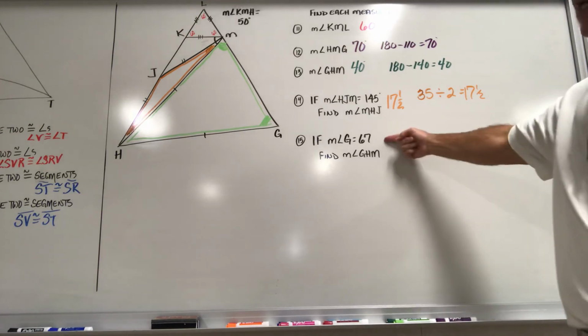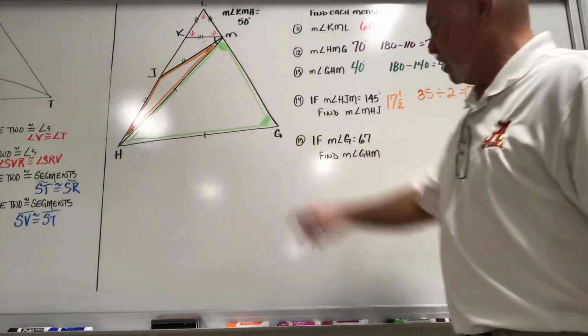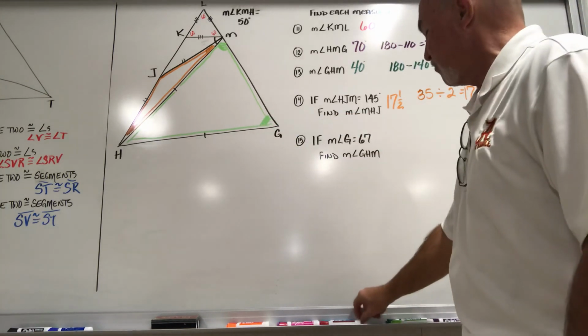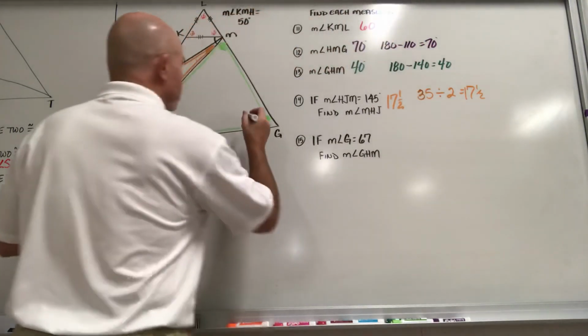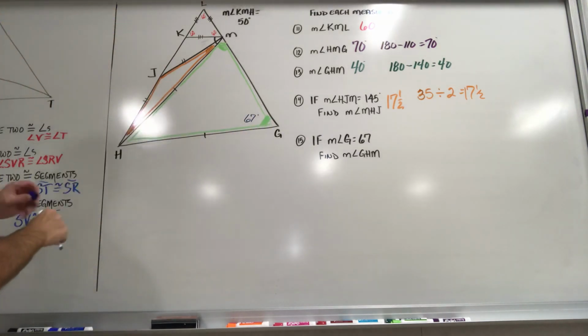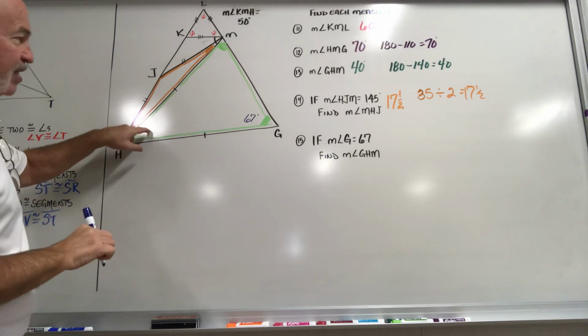Okay, now, here's where it changes. Now it says if angle G is 67, we're looking for angle GHM. We need to find this right here.